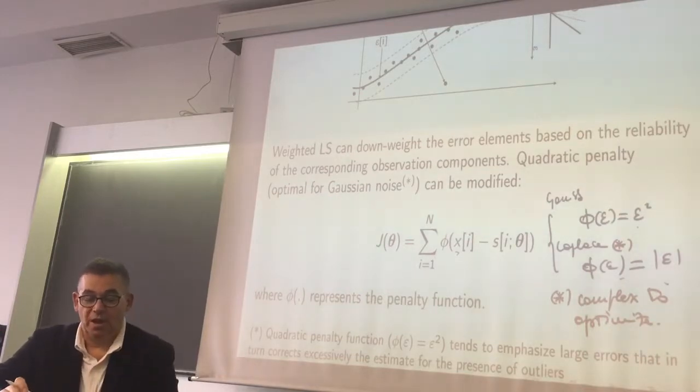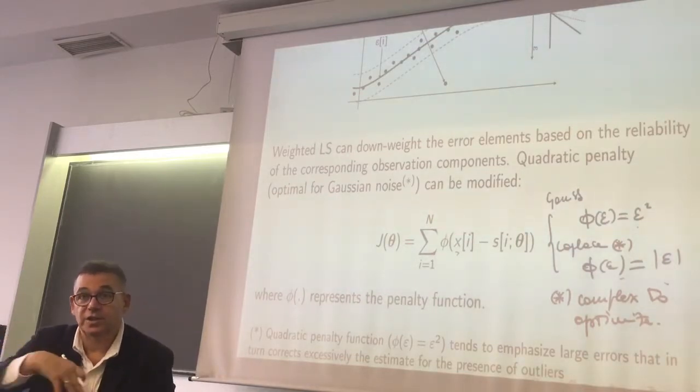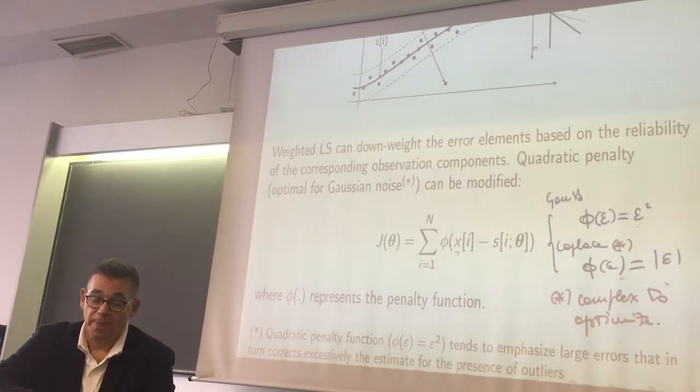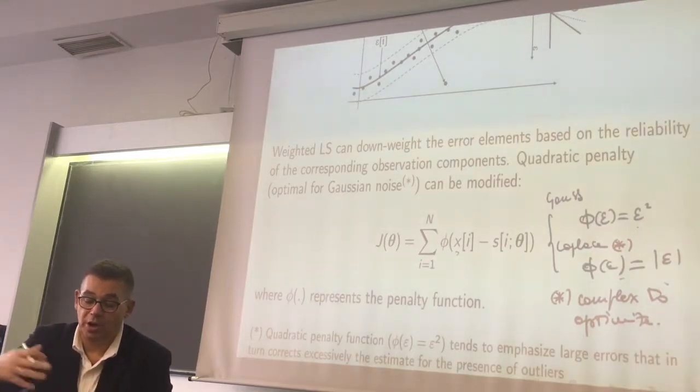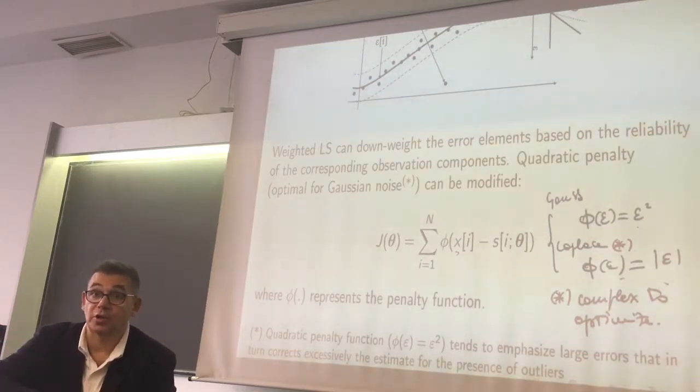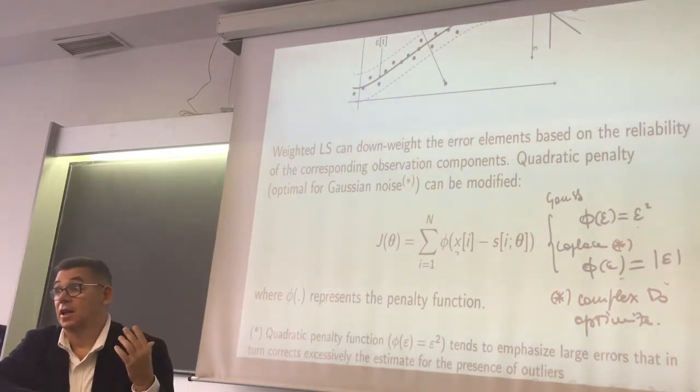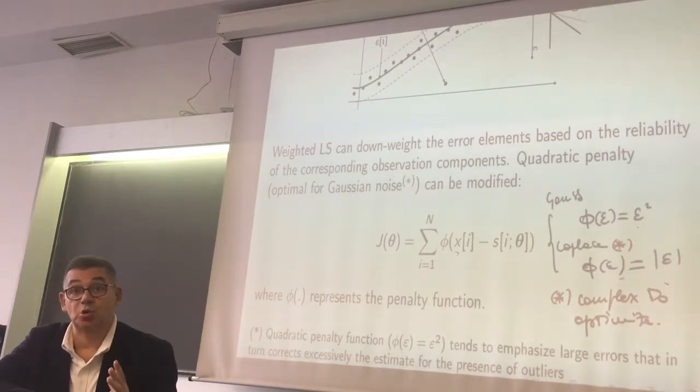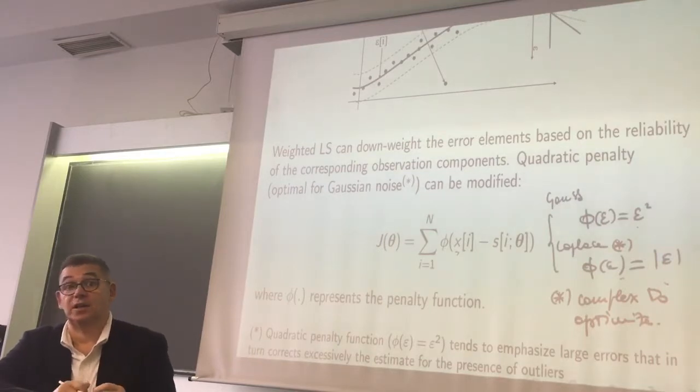Now, what are the different options? People have been working, and are currently working, on robust methods because the Gaussian model is not always applicable. And there has been a lot of activity on defining the possible estimators.